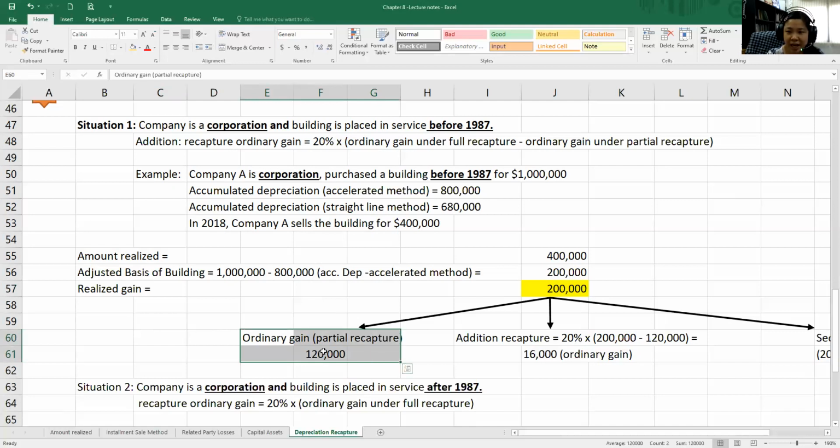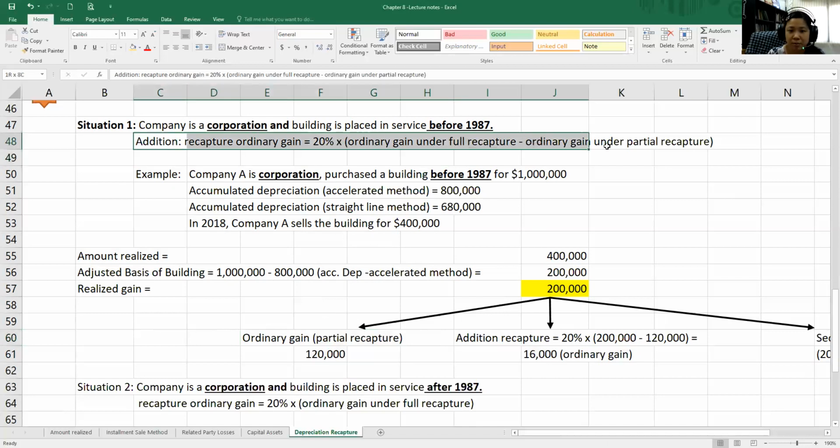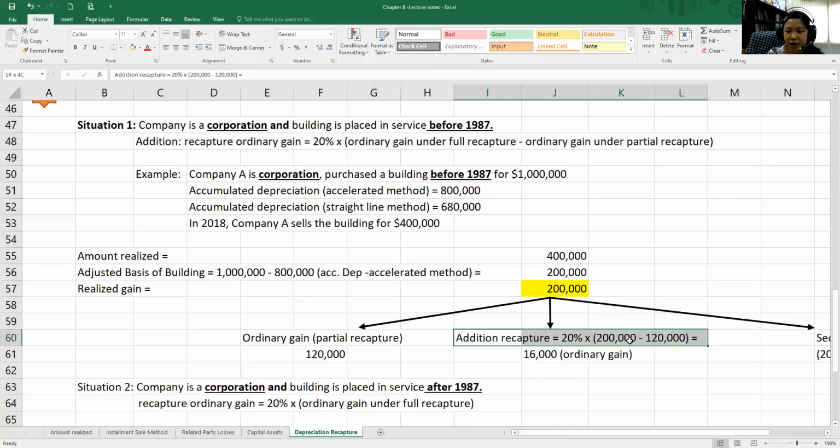But besides that, the government wants you to have an additional recapture. So additional recapture would be 20% of the ordinary gain under full recapture minus the ordinary gain under partial recapture. Here I take 20% times the ordinary gain under full recapture.